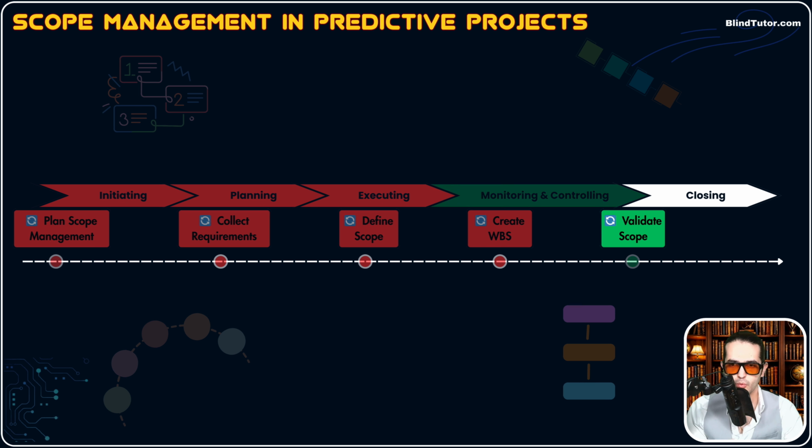So what does this mean? When we're done with the create WBS process, it means we're done with scope planning. Now, in real projects, the project manager and team focus on the next knowledge area or part of the project and do planning for that part. For example, schedule.